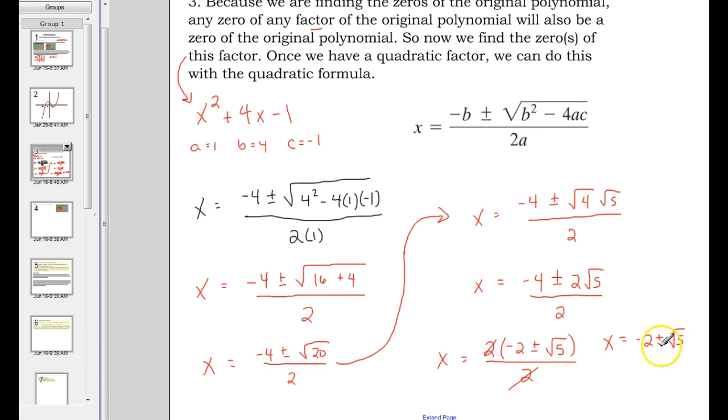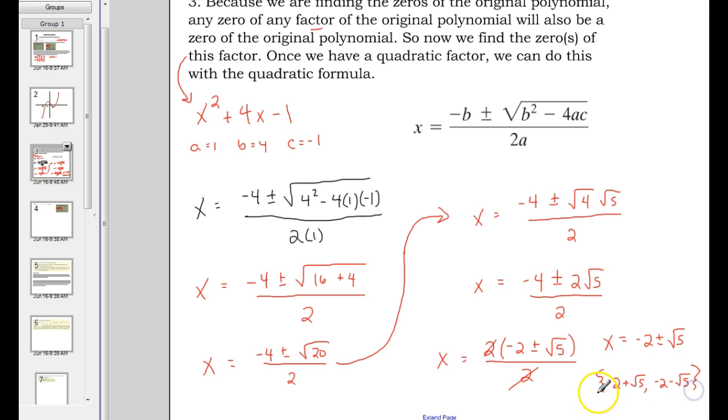Now, remember that's 2 zeros. There's a plus, there's a minus. So what we have here is our solution set is negative 2 plus the square root of 5, comma, negative 2 minus the square root of 5. There's always 2 there.